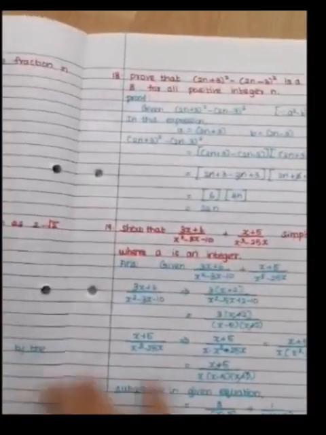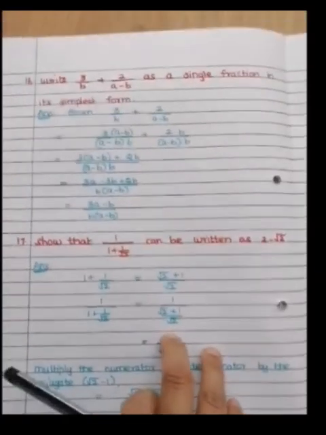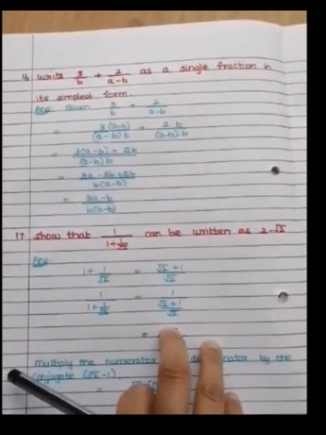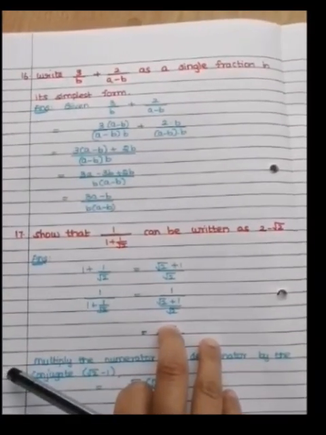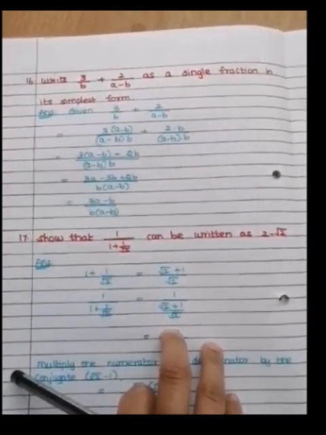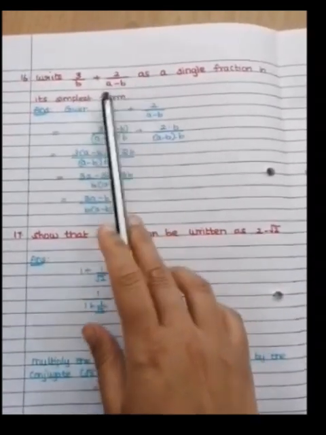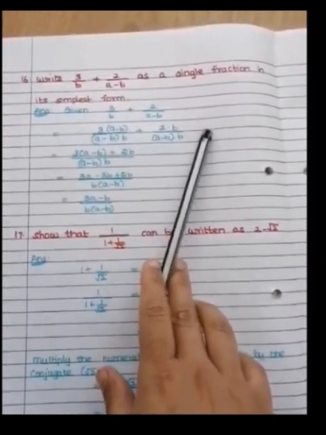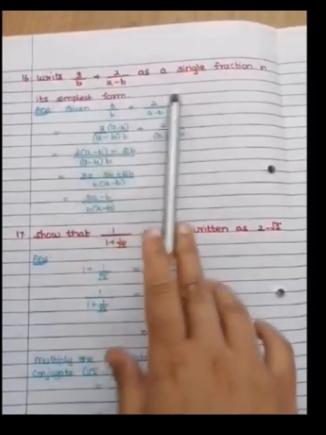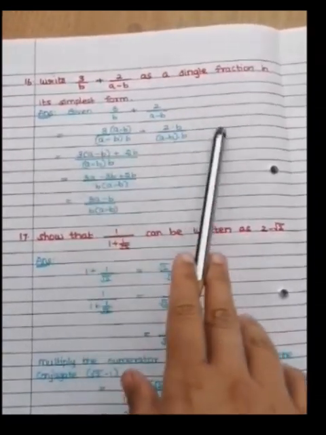Next question. Write 3 divided by b plus 2 divided by a minus b as a single fraction in its simplest form. Given 3 divided by b plus 2 divided by a minus b, we have to cross multiply the given to get the common denominator.